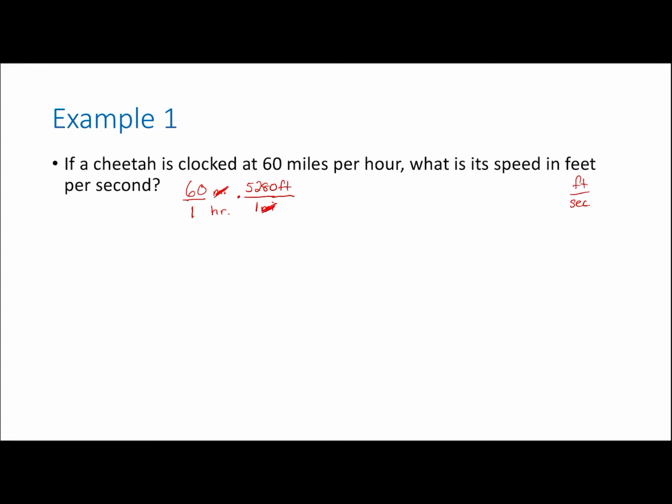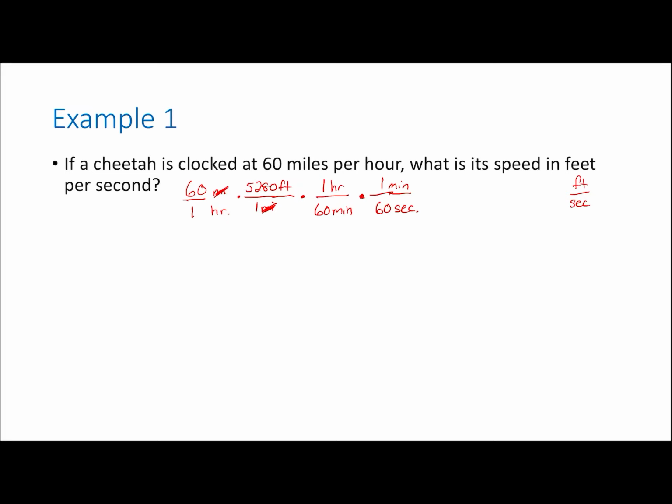But our hour needs to change also. So 1 hour is 60 minutes, and we know that 1 minute is 60 seconds.